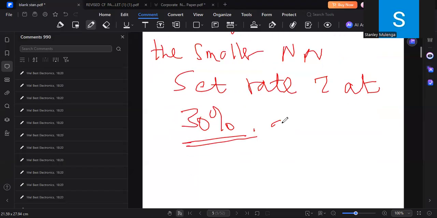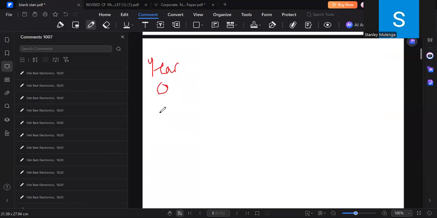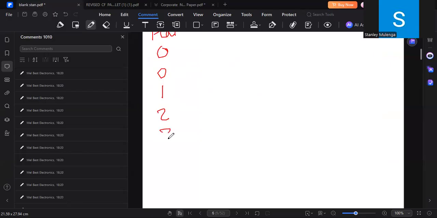Away from 14%. So meaning you're going to have the years here, the same data that we have: 0, 1, 2, 3.